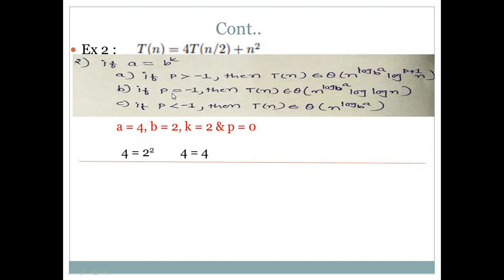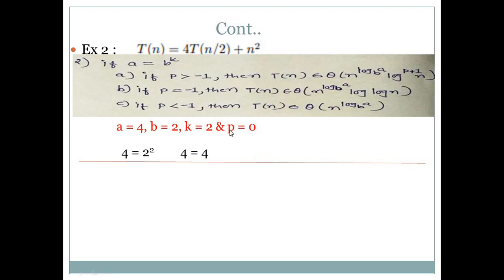If our p's value is equal to -1, then our answer will be n raised to log a at the base b into log log n. And the third and last condition is if our p's value is less than -1, then our answer will be n raised to log a at the base b.